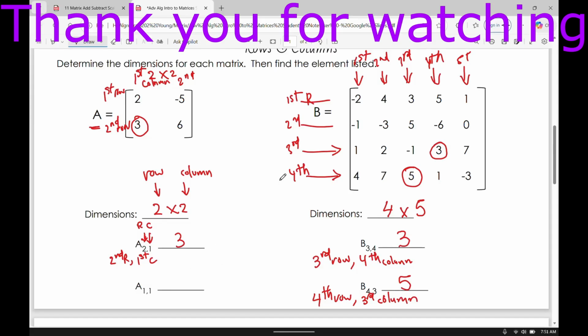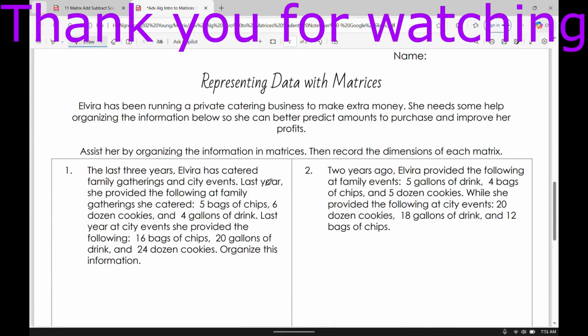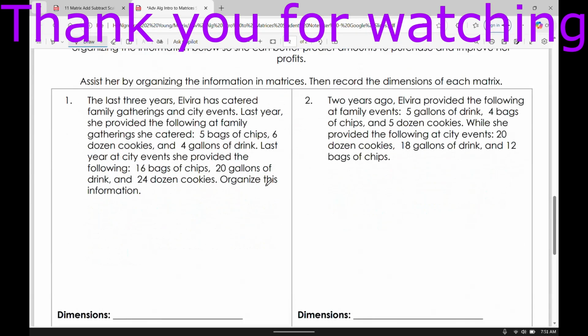So that's how we understand the size, the dimensions, and how to find a particular element or entry from the matrix. Let's move on to how we set up a matrix from real world applications. Number 1 and number 2 are wordy, a paragraph long, but that is real world situations.